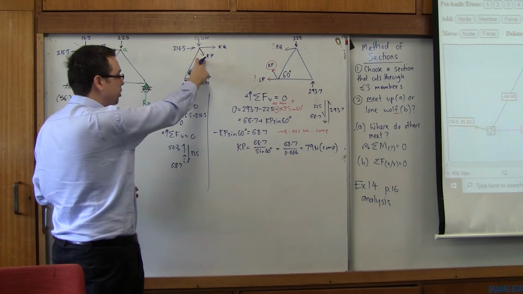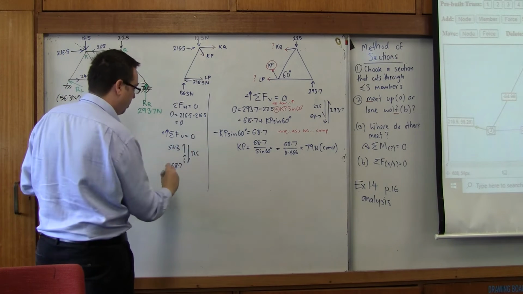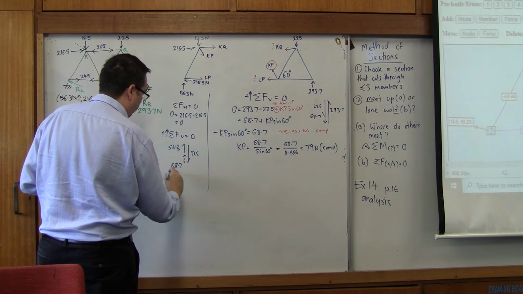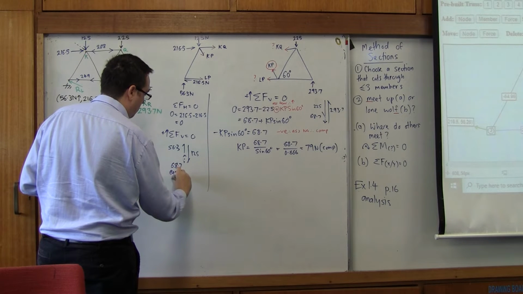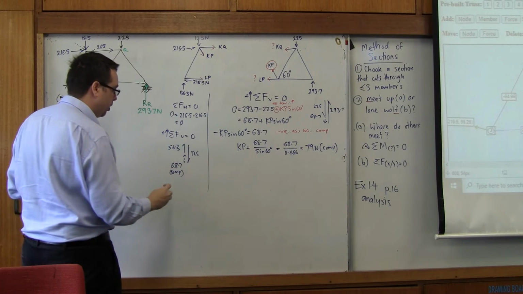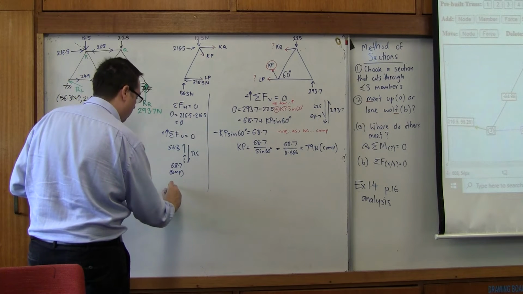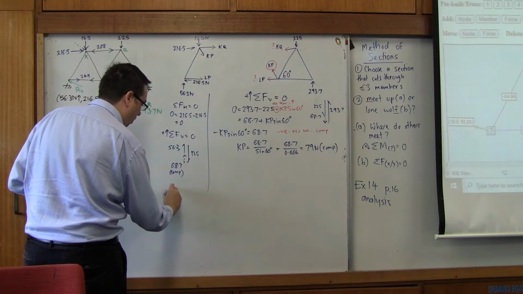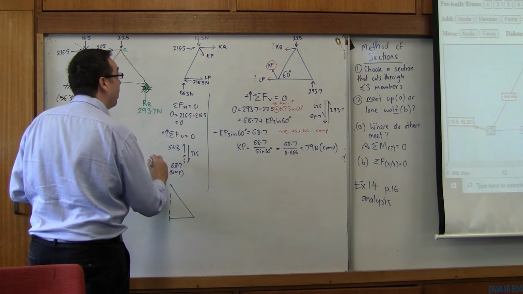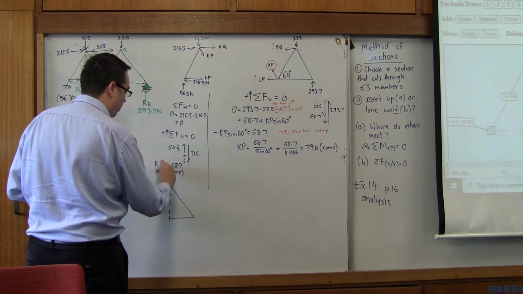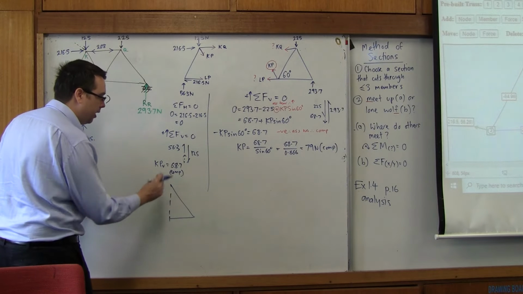If we assume tension is going to go down, so we can just write compression. Right? Straight away we know it's in compression. Now, if we know it's 68 going up, we can write here KPV, the vertical component of KP, equals that.